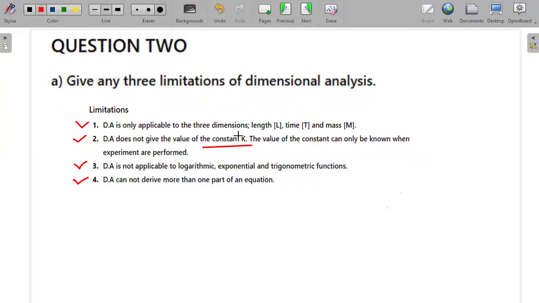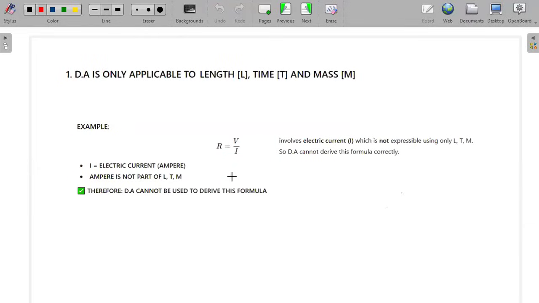All right, so let's now go into details. By this first one here, what do we mean? Dimensional analysis is only applicable to length, time, and mass. For example, if I have this equation for finding resistance, R equals voltage over current, we know that the voltage and the current have units that are not of mass, not of time, and not of length.